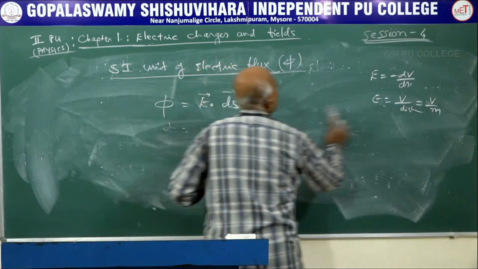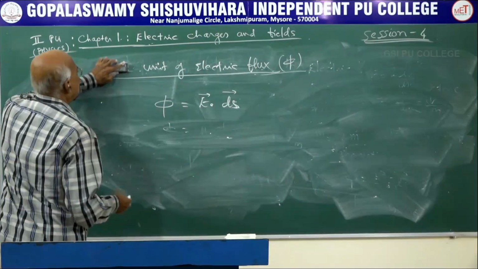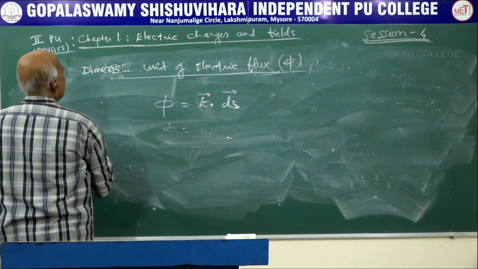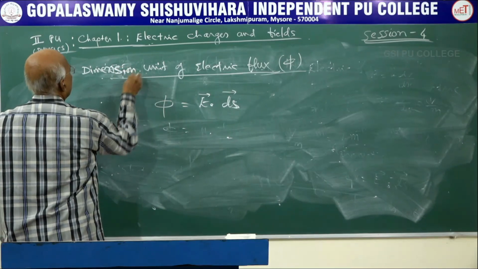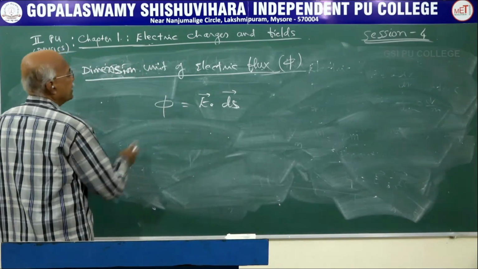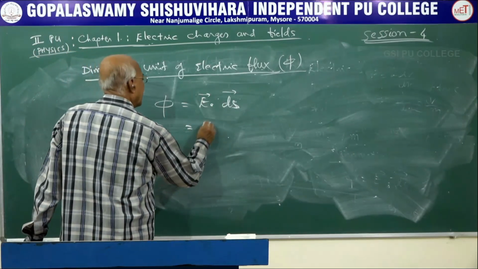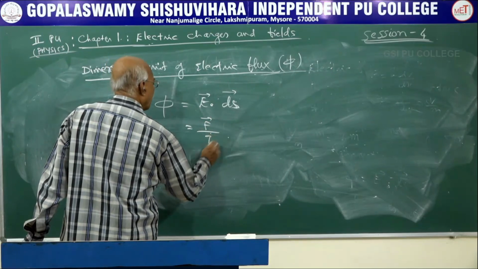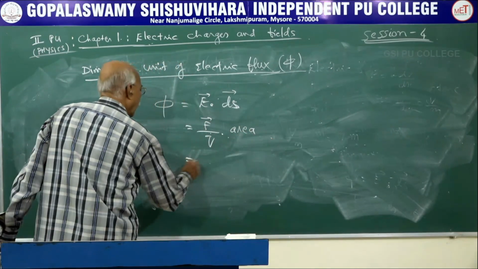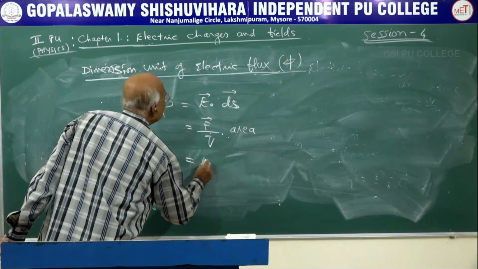Now we will write the dimensions of electric flux. We have written that flux is equal to E times area. We also know that the electric field is F by Q, multiplied by the area. Force is F equal to Ma.